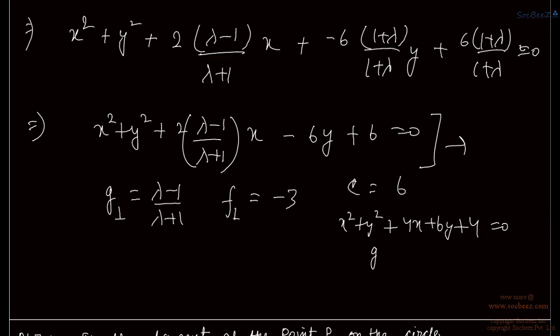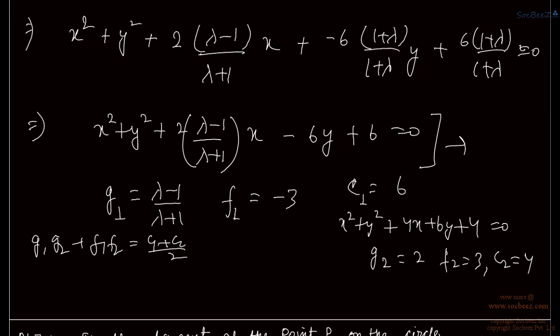So let us name this g1, f1 and c1, and here g2 is 2, f2 is 3 and c2 is 4. So we have the relation for orthogonality: g1 g2 plus f1 f2 is equal to c1 plus c2 by 2. Using this relation, we can find the value of lambda minus 1 upon lambda plus 1.